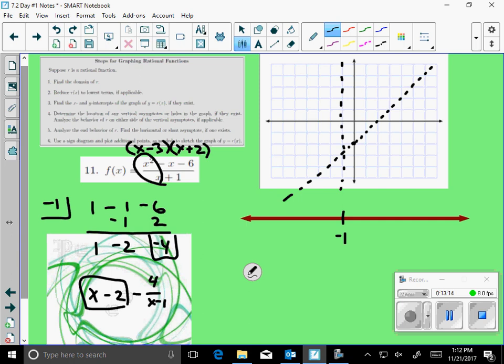Okay. But let's just test this. Let's test a number like -2. What would the value of -2 into this function be?